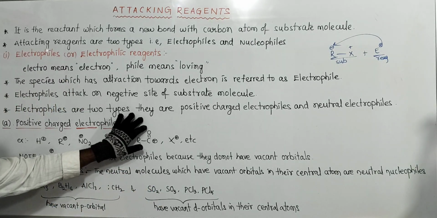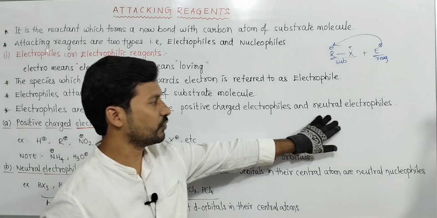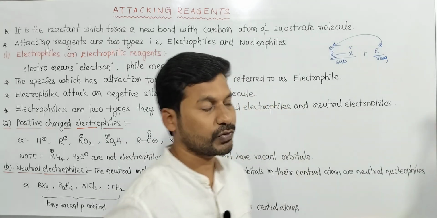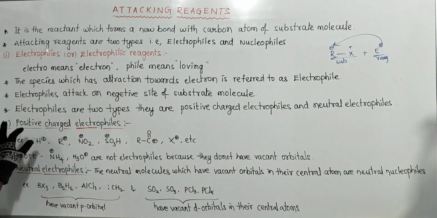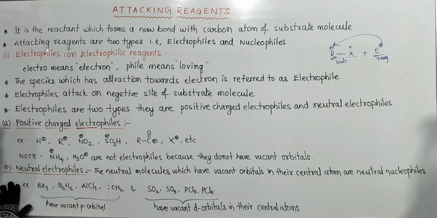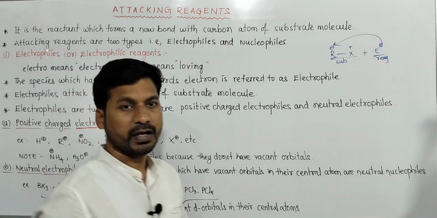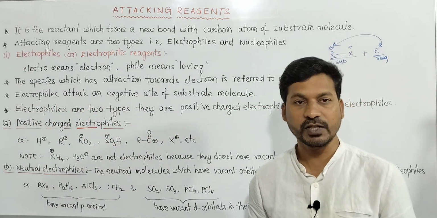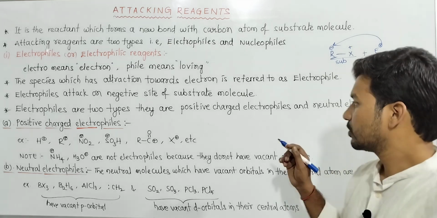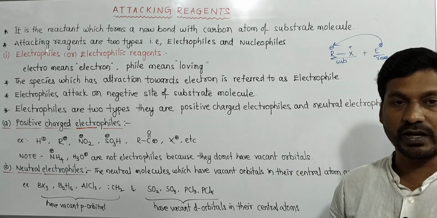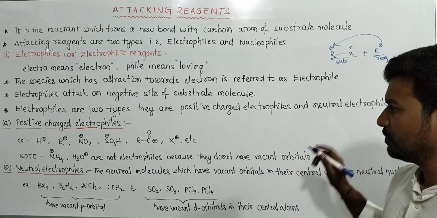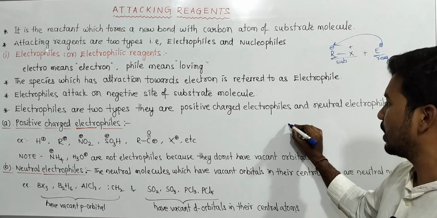Electrophiles are again of two types. They are positive charged electrophiles and neutral electrophiles. Electrophile means electron seeking species, electron loving species. Being electron deficient, it is always seeking electrons. Electron deficient species are electrophiles.